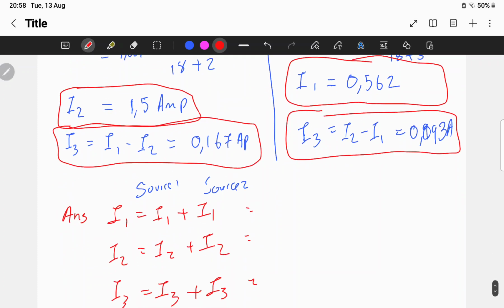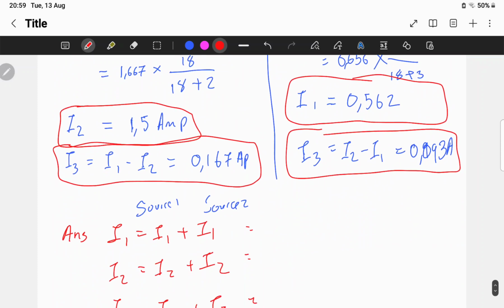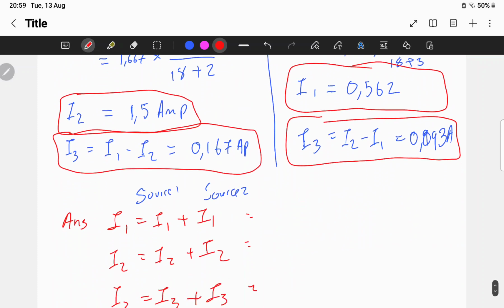So now our answer is going to be, let's do I3: 0.167 plus 0.093. I1, which is 0.562 plus 1.667.